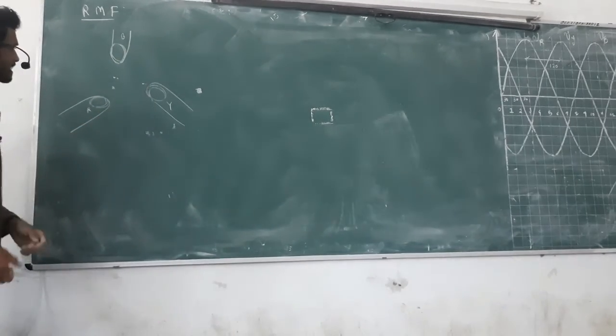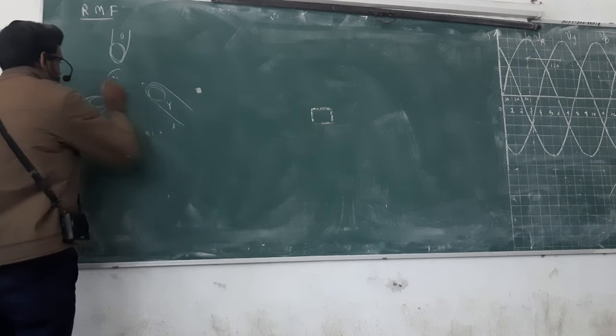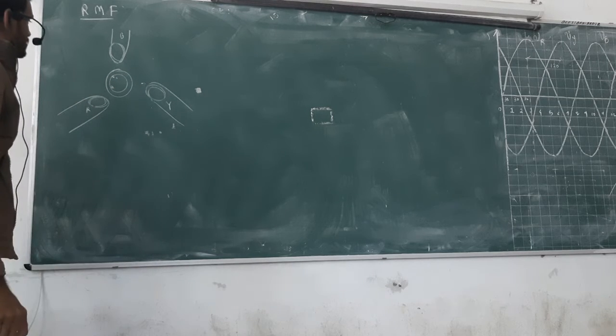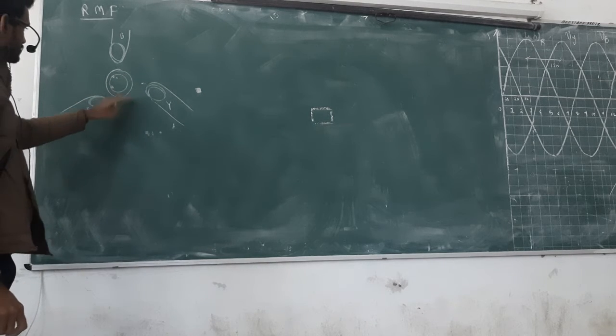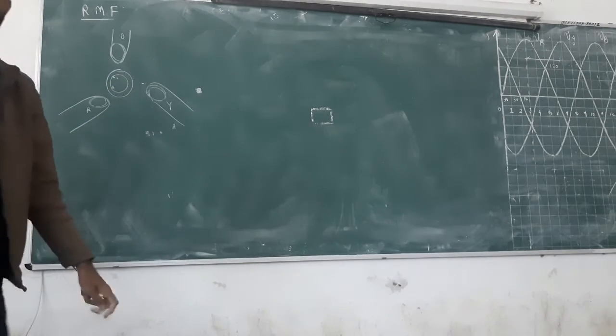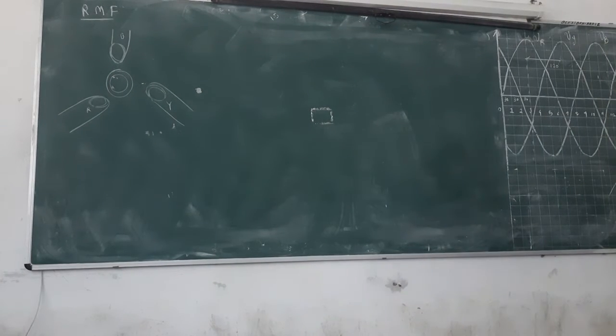Okay. And if I have here a rotor, then the rotating magnetic field will create EMF inside this rotor. Okay. So how do we understand it? Before that we need to understand the actual construction of the rotor.